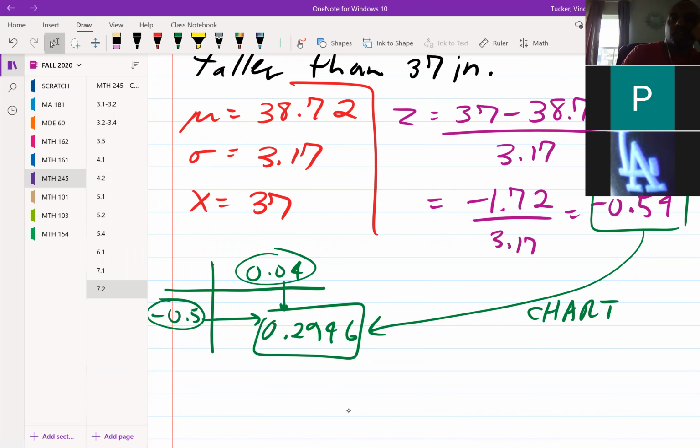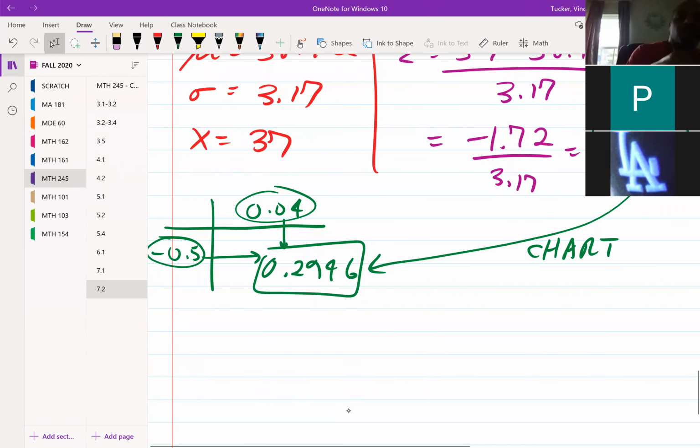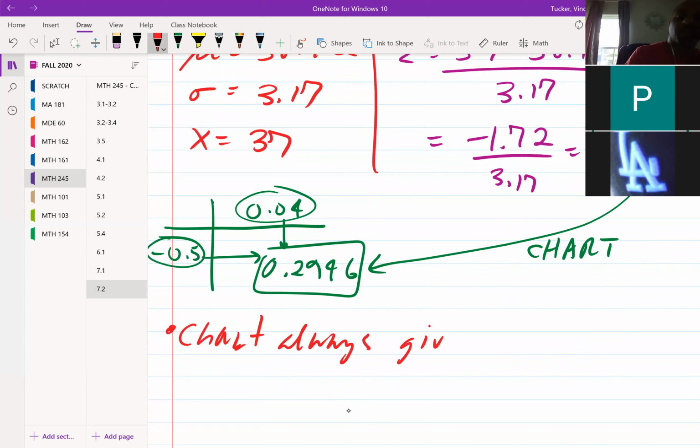All right. So key phrase here is taller than, which is another way of saying greater than. So just a reminder, the chart always gives less than.